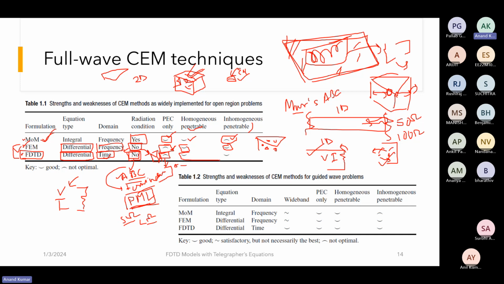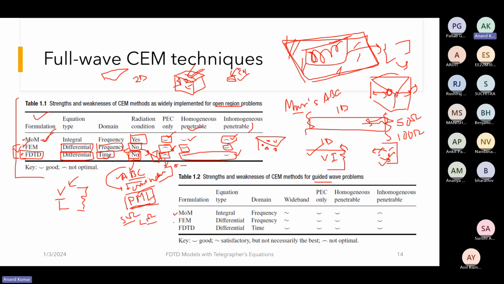It is very good with homogeneous and inhomogeneous penetrable media because you're discretizing the entire space. So this was just the first table. We'll discuss in more detail in the coming slides. These are for the open region problems. For guided wave problems, we again have a source.